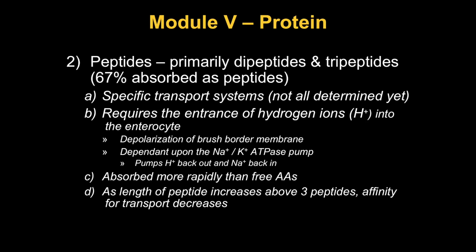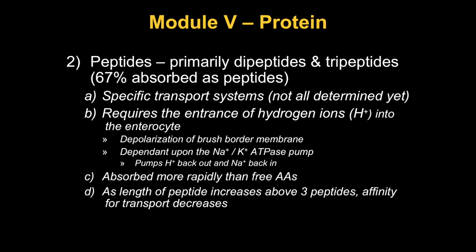They, again, have very specific transport systems to get them across that gastrointestinal tract membrane and into the enterocyte, and we're still working on determining all these systems. They do require the entrance of hydrogen ions into the enterocyte, and you have to have depolarization of the brush border membrane, which is the membrane that's in contact with the lumen of the gastrointestinal tract.